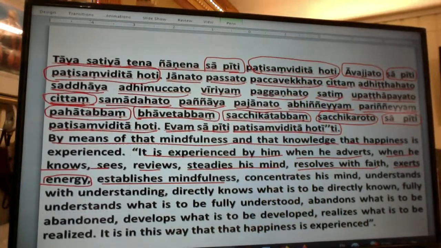So Cittam Samadahato means that ekaggata is very strongly concentrated in the mind. Paññaya Pajanato: understand with wisdom clearly. Abhinneyyam: directly know what is to be directly known.